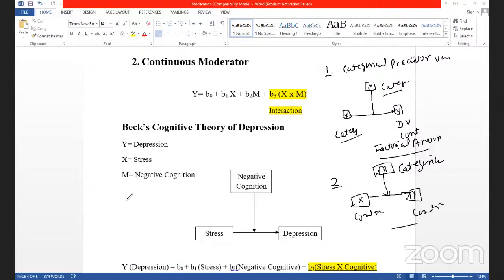Now third case, the moderator, x and y. Okay, all the three variables continuous. This is moderator, continuous, and continuous, all the three variables. Okay, now I am taking this continuous variable.